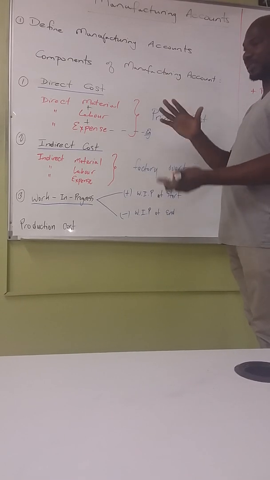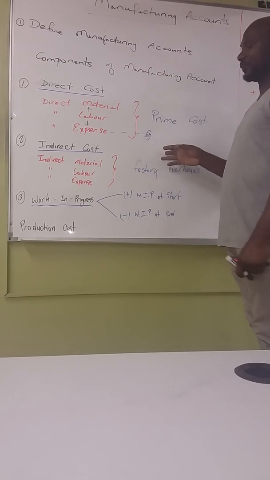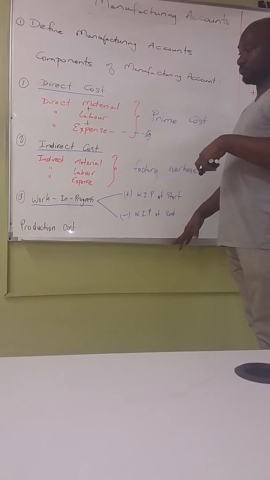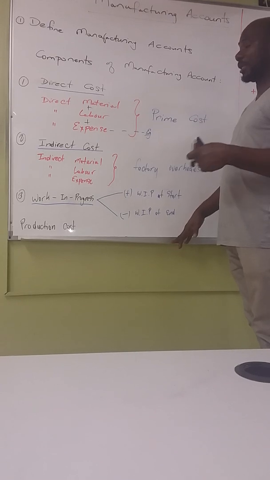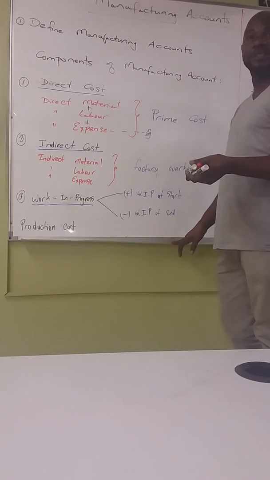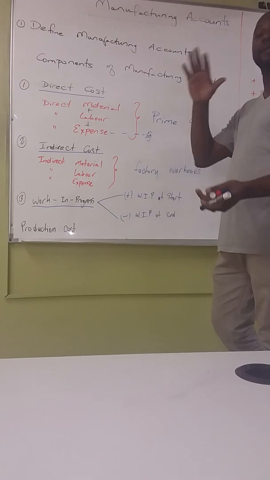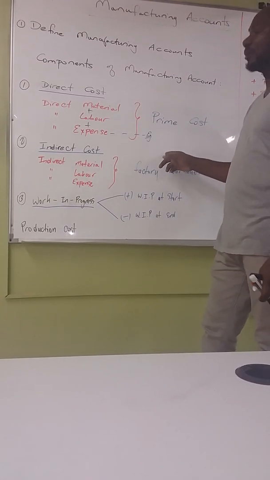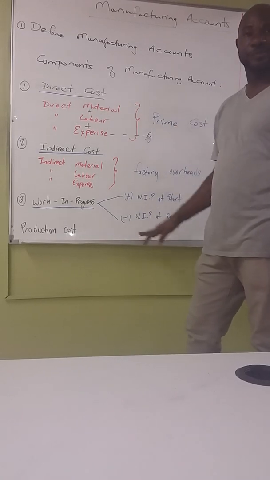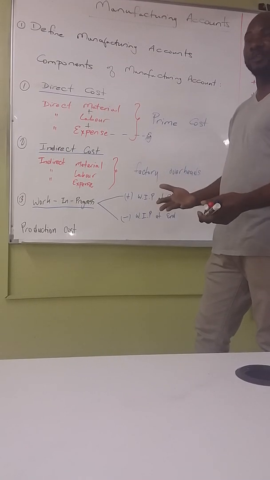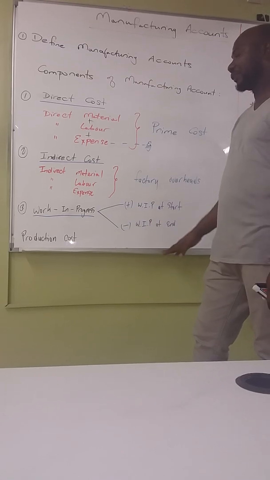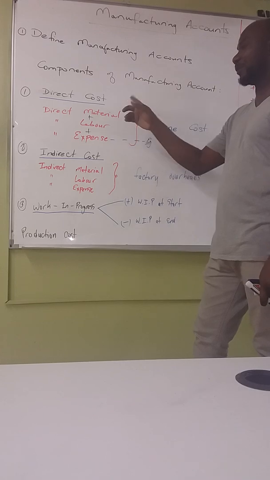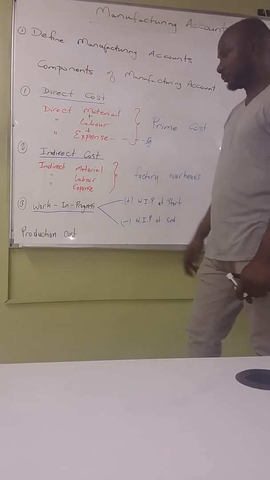Now the stain is a liquid that they use to stain the furniture. The volume of stain that they would have purchased may be hard to determine, that X amount of volume of stain would be able to stain X amount of dressers. It may not be easy to determine. You may need less, you may need more. So it is not easily traced back to production, unlike when we spoke about direct material.